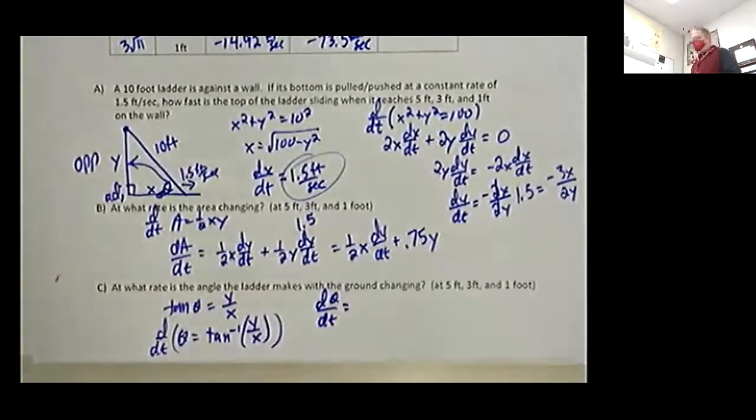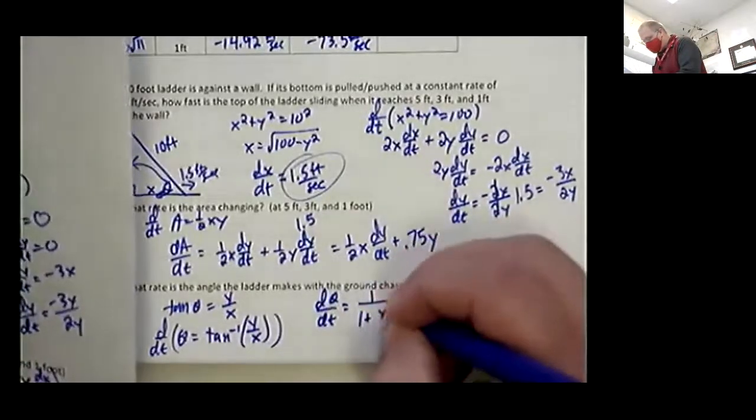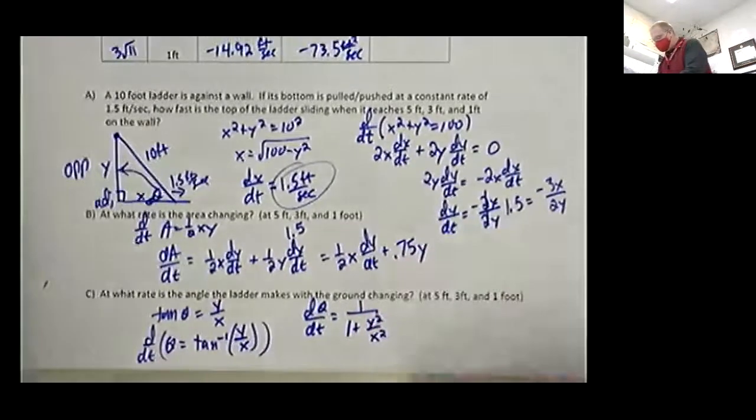Now here we have to dip into our bag of tricks for the derivative of inverse tangent. What is the derivative of inverse tangent? 1 over 1 plus the argument squared. So that is 1 over 1 plus y squared over x squared, times now we need the derivative of y over x.